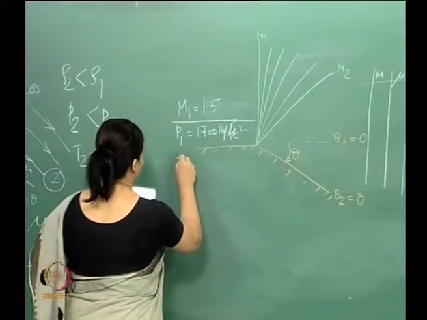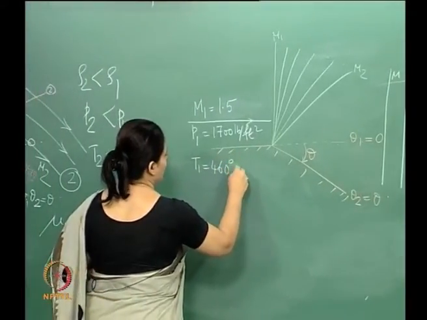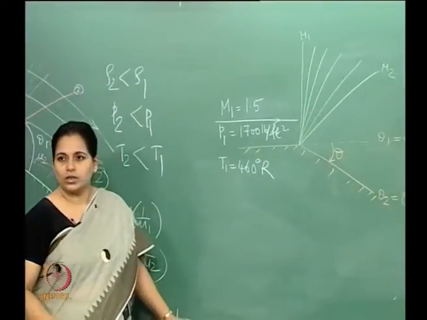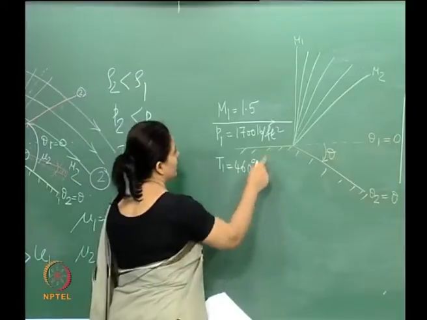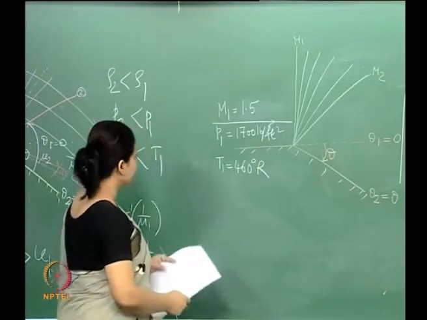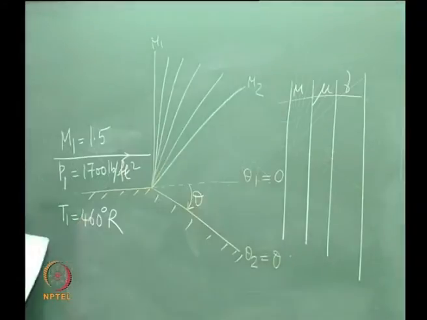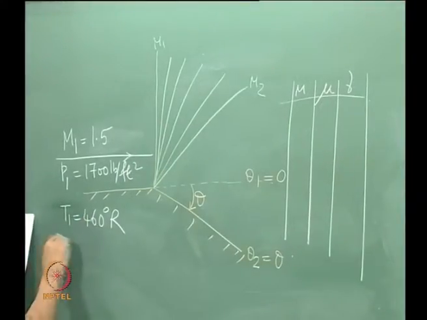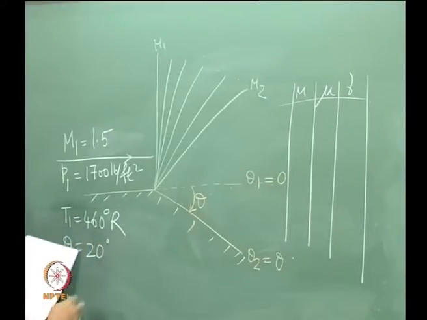And T1 is given in Rankine, so you can convert that, just Google it, and you should be able to convert these to SI units, Kelvin and Newton per meter square. So, M1, P1 and T1 are given, and theta is equal to 20 degrees.